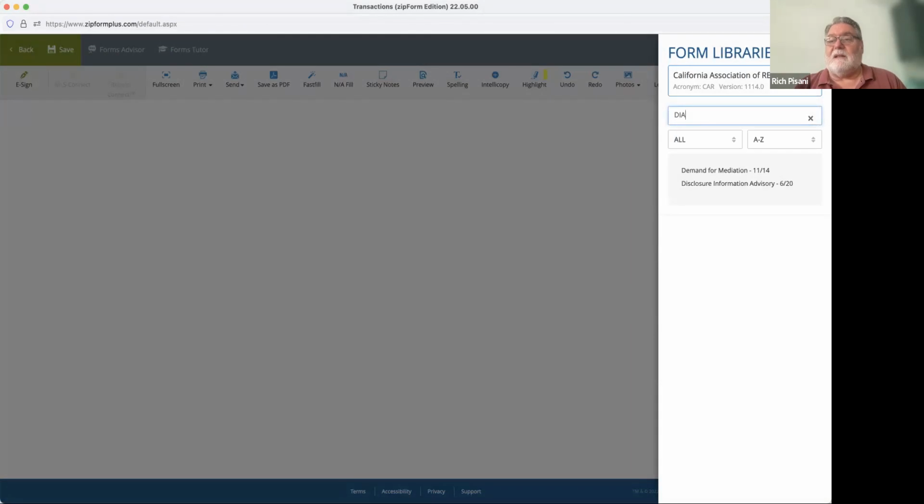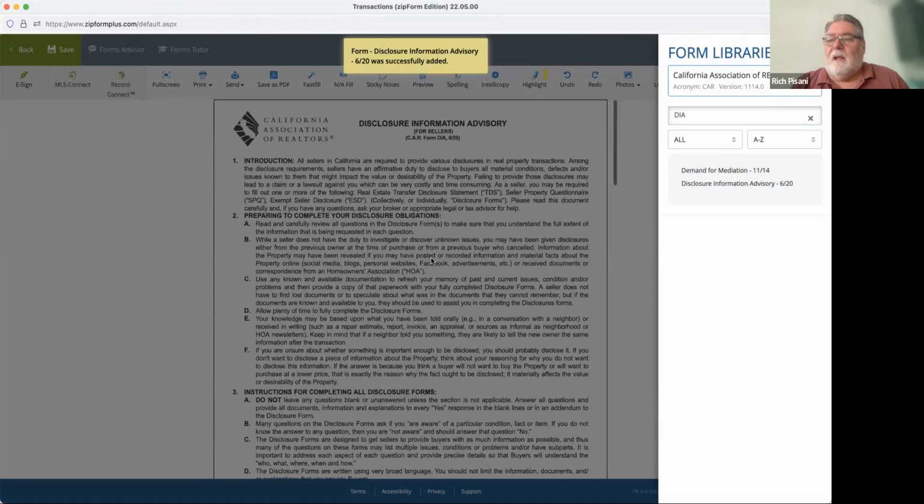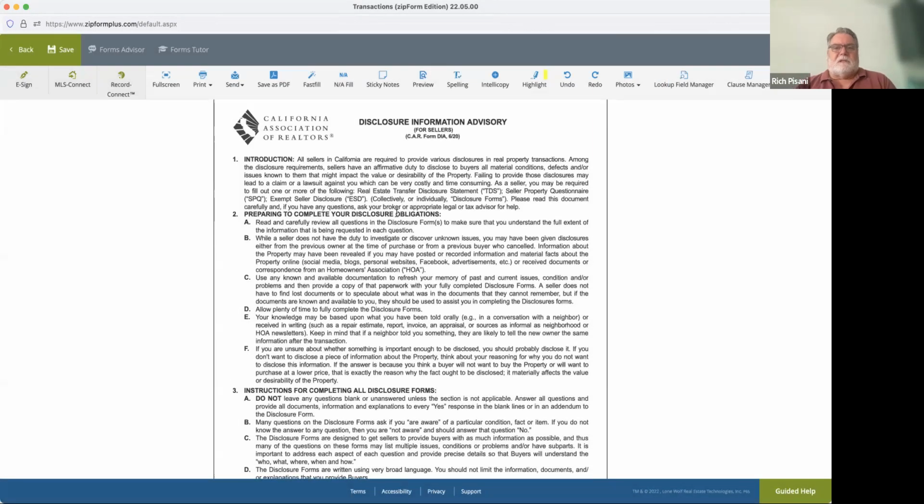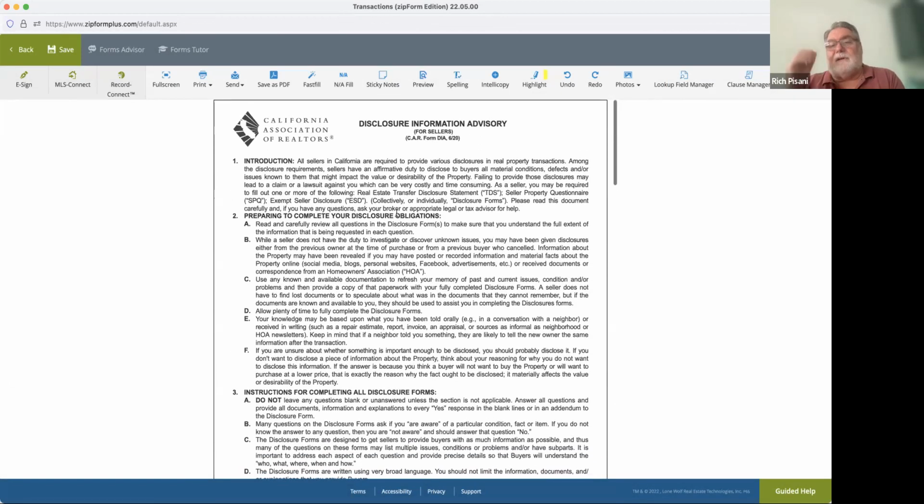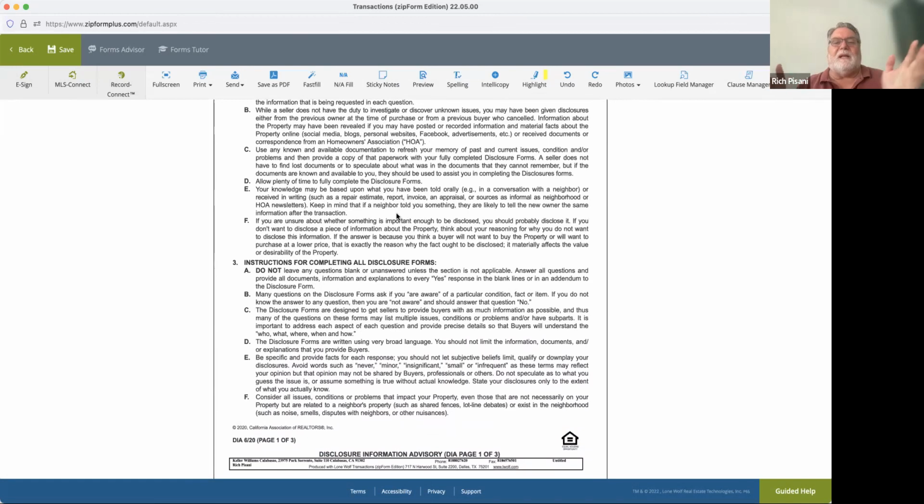When you're taking a listing, the disclosure information advisory, you should be giving this to your seller. Why? Because it explains to them how to do these disclosures: preparing to complete your disclosure obligations, with instructions for completing all disclosure forms.